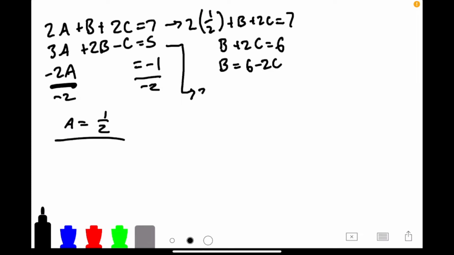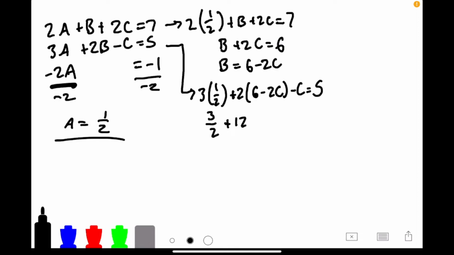We get 3 times 1/2 plus 2 times 6 minus 2c minus c is equal to 5. 3 times 1/2 is 3/2 plus 2 times 6, 12, minus 2 times 2c, which is 4c, minus c, which equals 5.